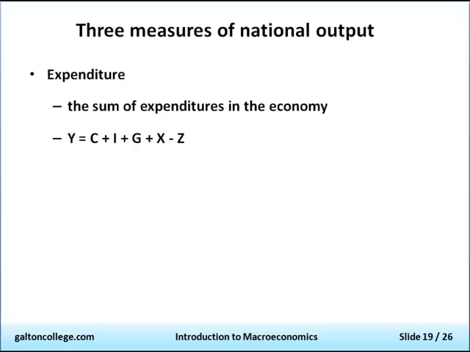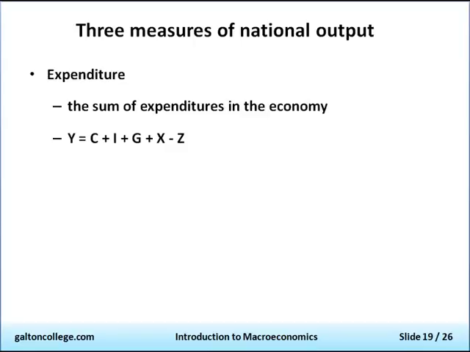There are 3 measures of national output. Expenditure is held to be the most accurate because of taxation arrangements, but it's the sum of all the expenditures in the economy. We say that Y is equal to C plus I plus G plus X minus Z. Y in economics is income. We always write income as Y. That's standard.